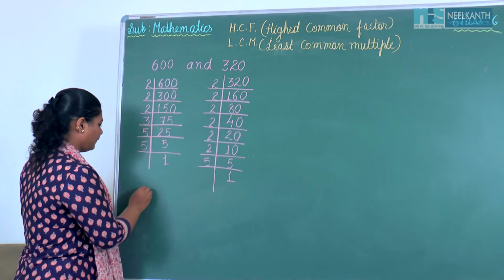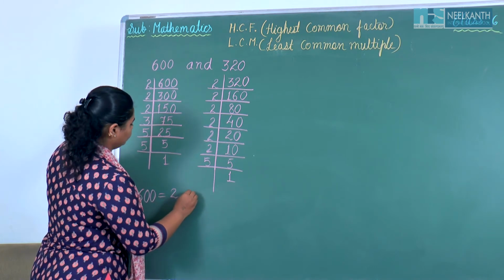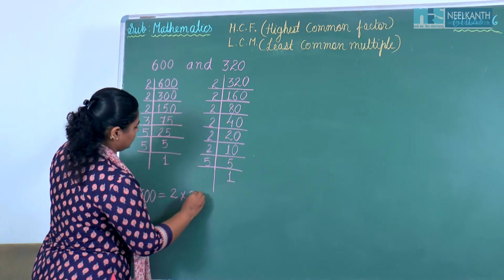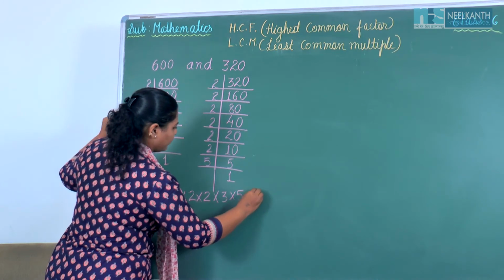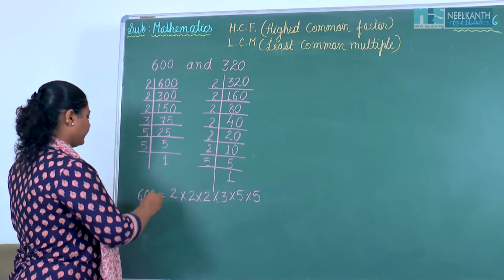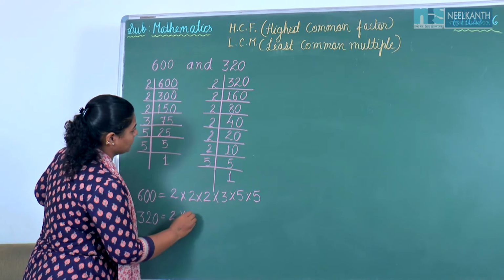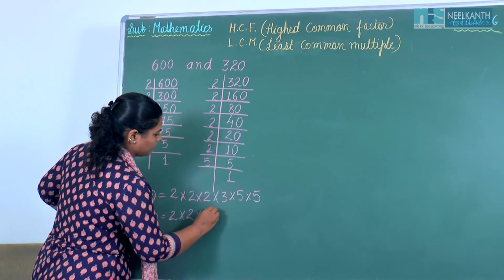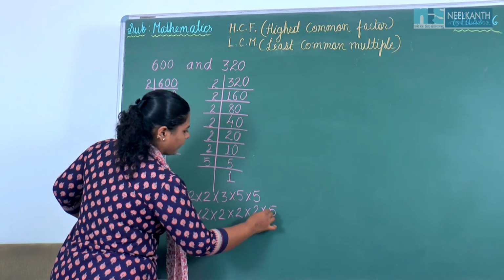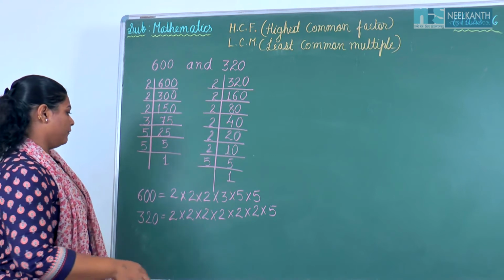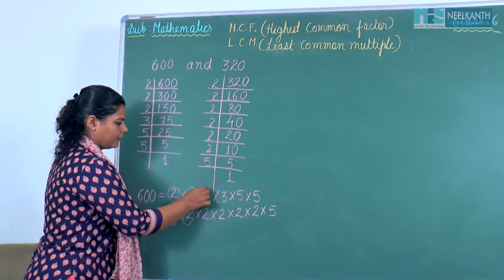Now we have to write all the factors here. The factors of 600 are 2 multiplied by 2 multiplied by 2 multiplied by 3 multiplied by 5 multiplied by 5. The factors of 320 are 2 multiplied by 2 multiplied by 2 multiplied by 2 multiplied by 2 multiplied by 2 multiplied by 5. Now we have to check how many factors are common here.